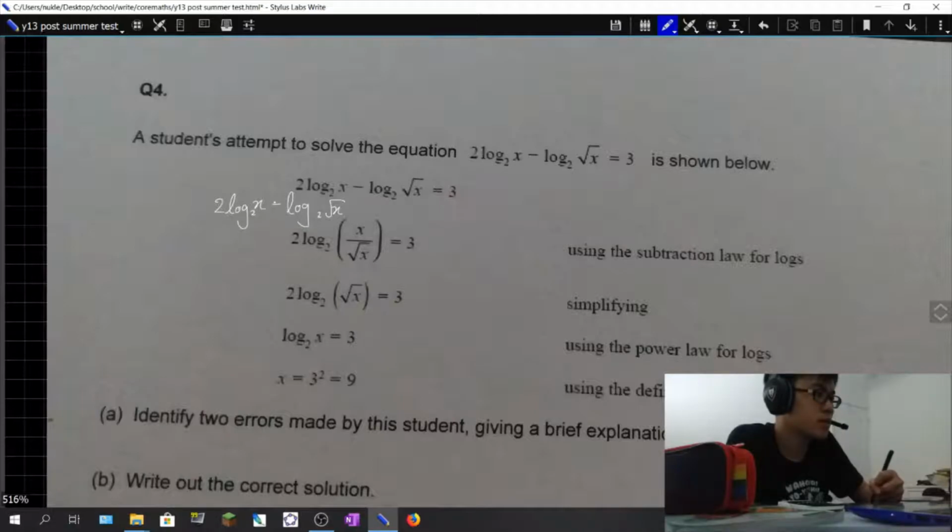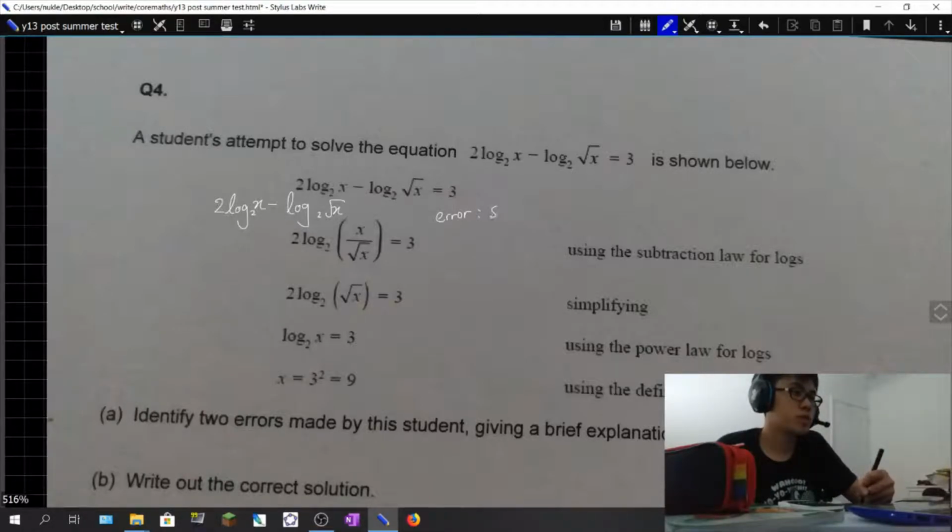See, okay, the thing is, right, if this were 2, that would be fine. But it's not. So that's wrong. So the error is the subtraction law.